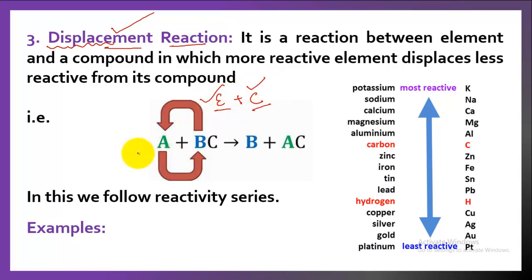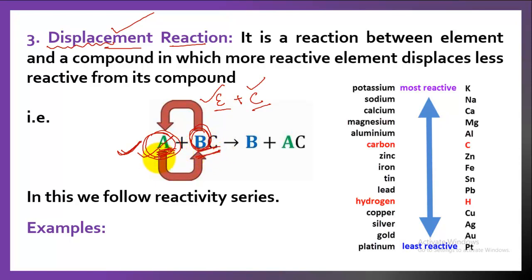For example, if I have an element A and a compound BC, what is going to happen is that this element is going to replace the other element of the compound. And this is possible only if this element is more reactive than the element of the compound.